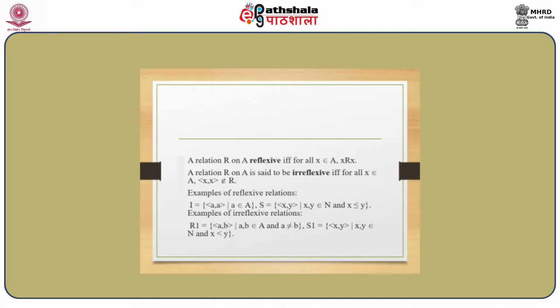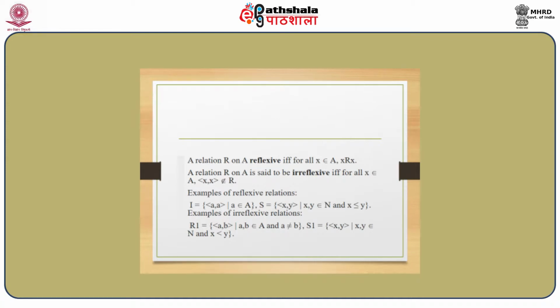A relation R on A is said to be irreflexive if and only if for all x in A, (x, x) is not a member of R, which means x is not related to itself.